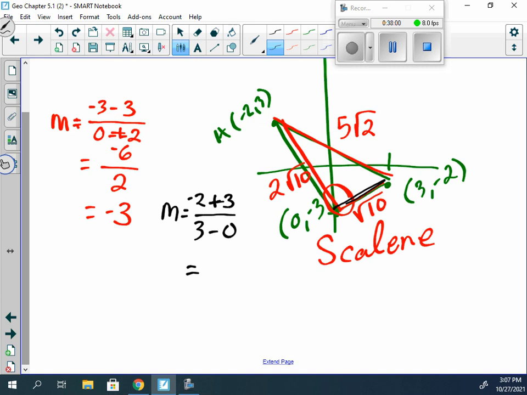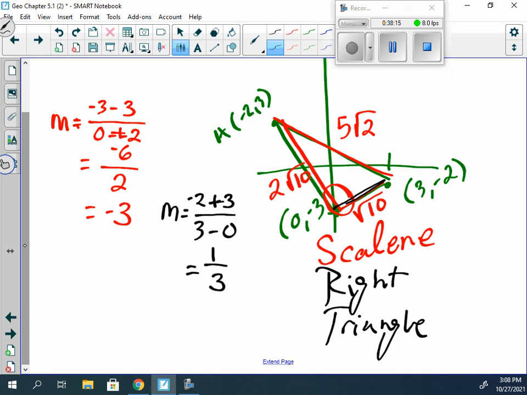Well, the negative and negative would make a positive. So this would be a scalene right triangle. And that's all we would need to do for this one here. Questions on this here?